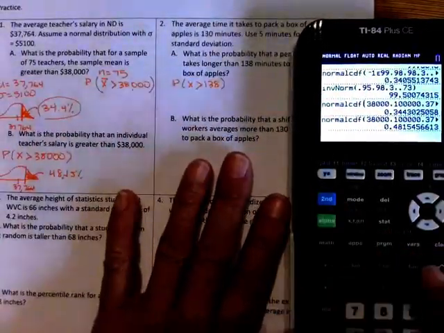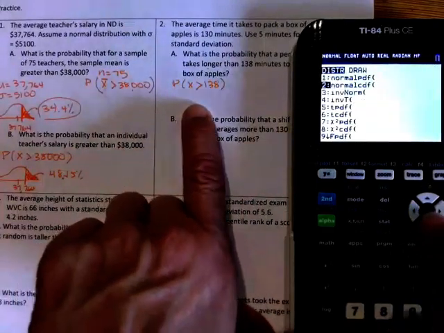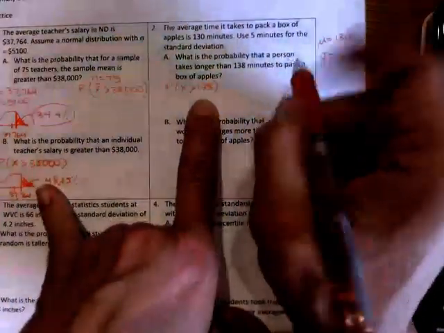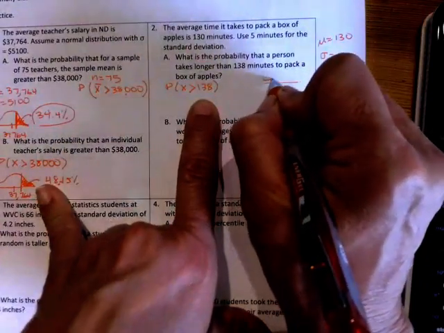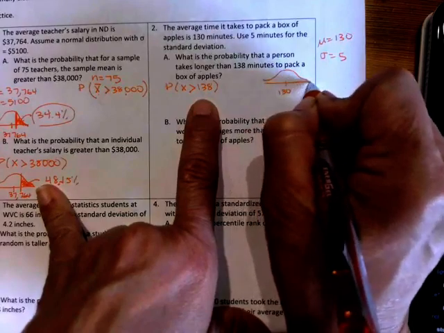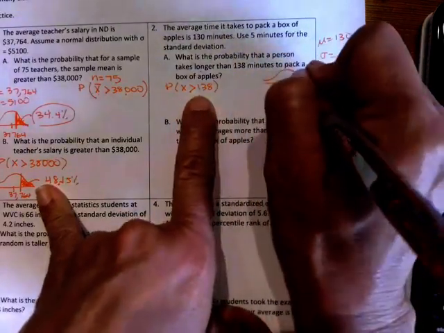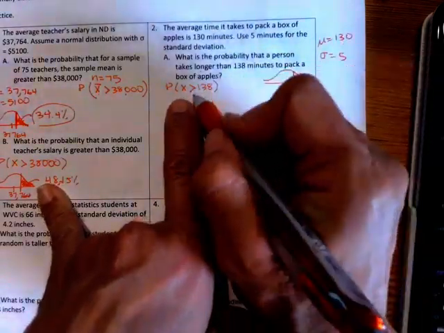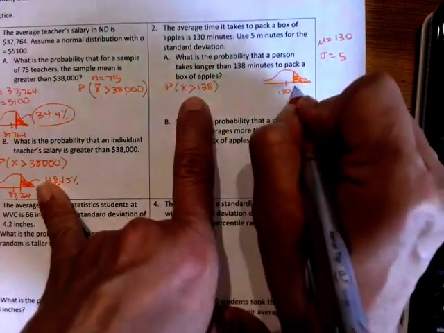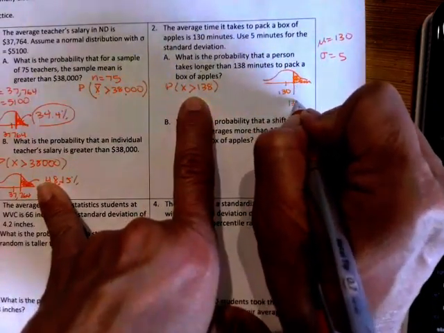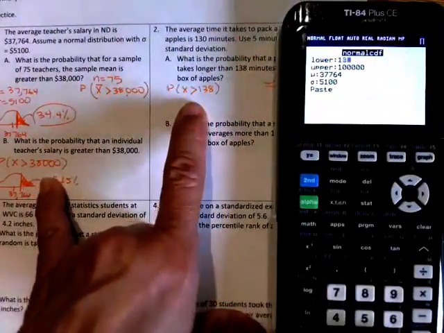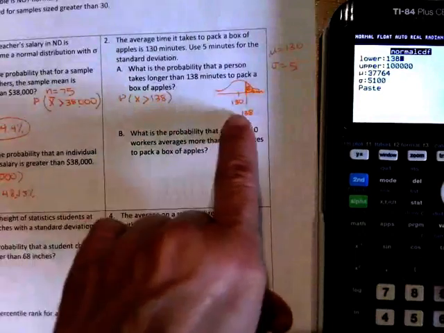Otherwise, here we go. So I'm looking for area. So normal CDF, my lower value. Let's do my picture. I keep forgetting to do my picture. So 130 is the middle. I'm looking for 138, so that'll be on the right. And I want to be greater than, so I'm going to shade to the right. So this value right here, that's that 138. So I'm going to use that for my lower value, 138.